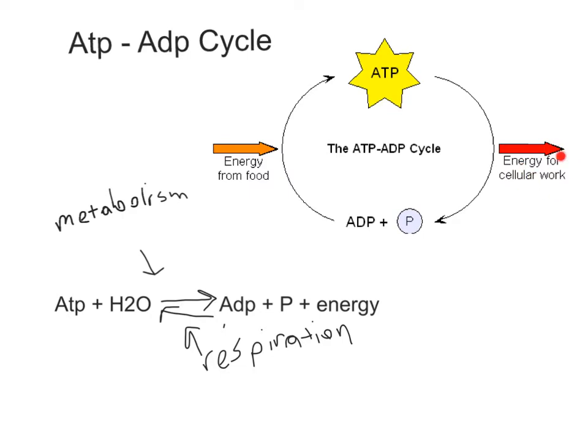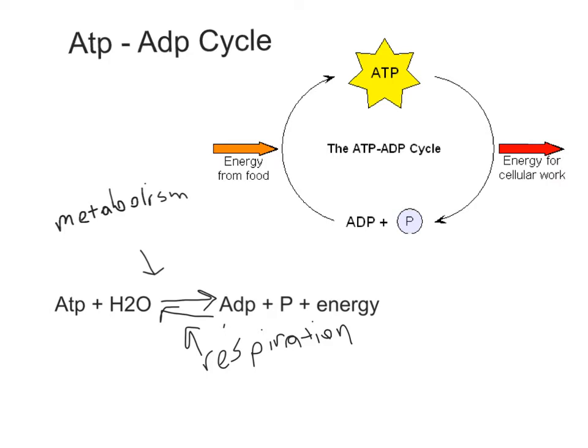This is metabolism. The energy that's released is used for metabolism. And then, as you come down here, you don't have an ATP anymore. Now you have an ADP and this phosphate.